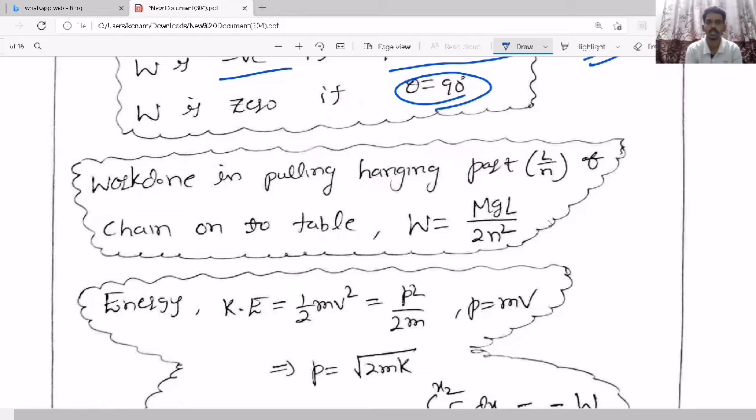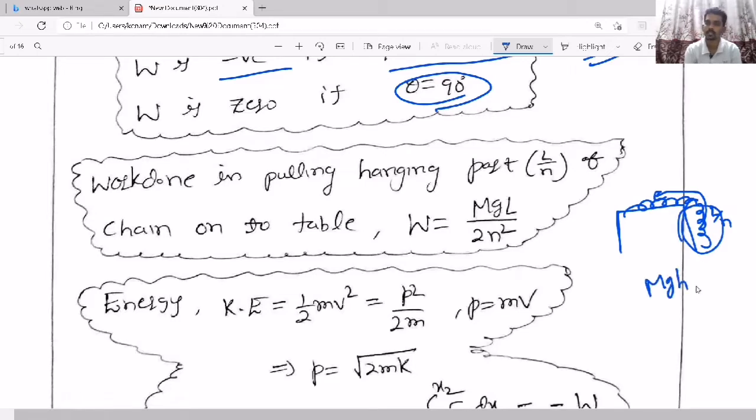Work done in pulling a hanging part, L by n, of a chain on the table. Suppose there is a table and one chain is such that some part, 1 by nth part of the total length, is hanging. Then what is the work done in pulling it on the table? That is nothing but the work done against gravity.